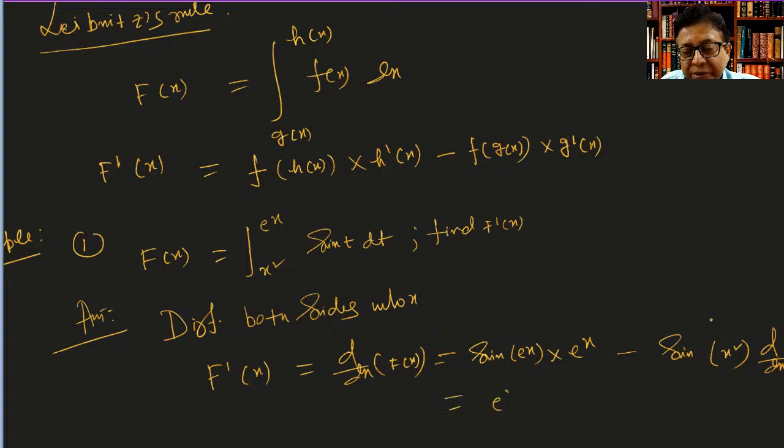So this will be e to the power x sin(e to the power x), minus 2x sin(x squared).